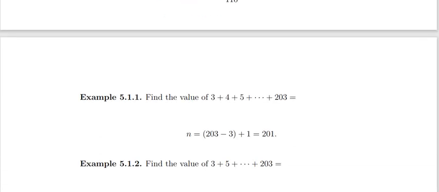Okay, for this problem, let's say 1 plus 2 up to 203 terms, the first plus the last is 206. That's one pair, and then we want to find how many terms. We have this formula: first plus last, multiplied by how many terms, divided by 2.